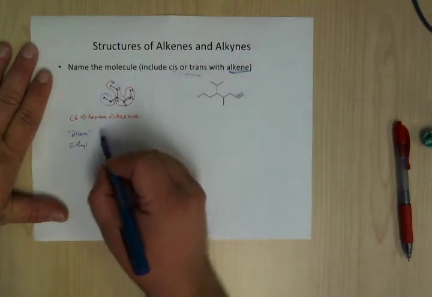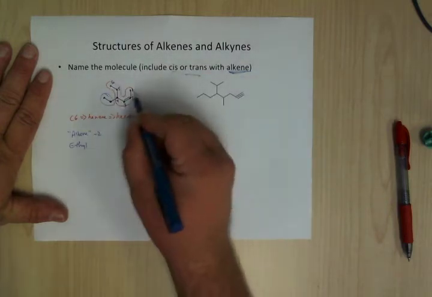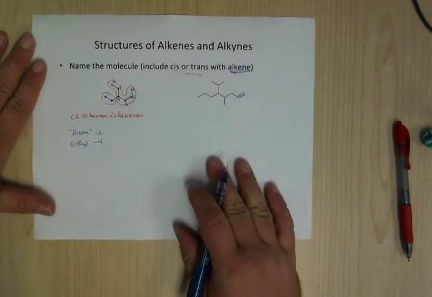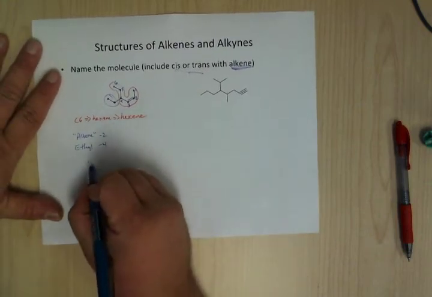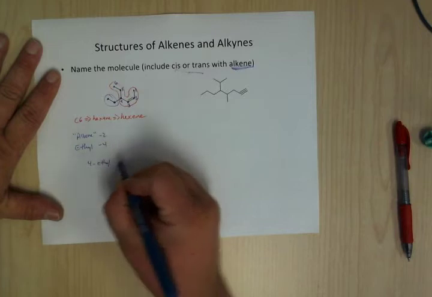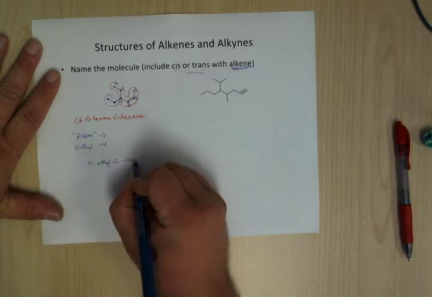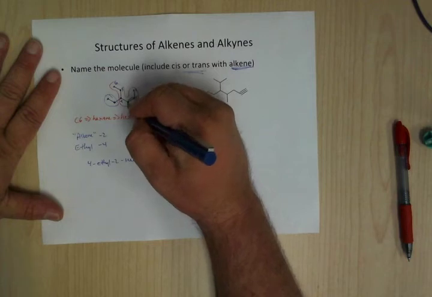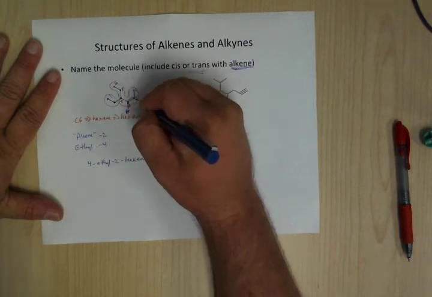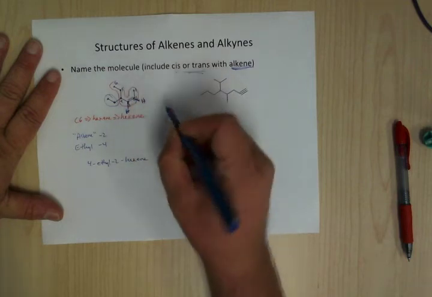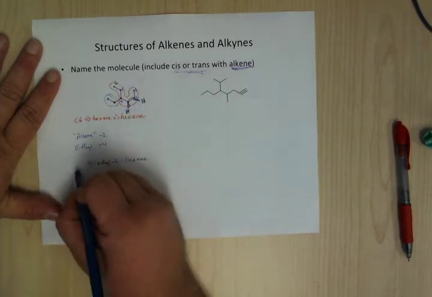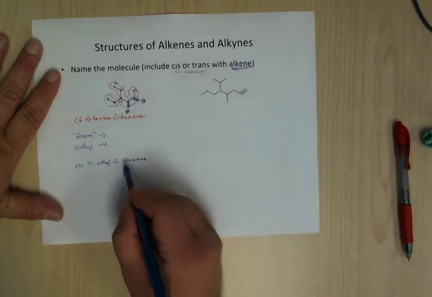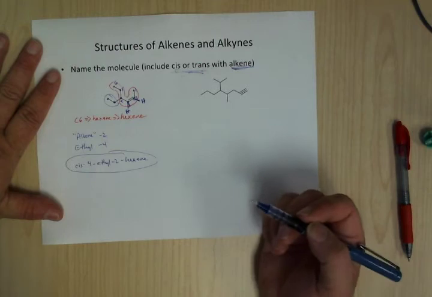With that, the alkene starts at 2, and the ethyl ends up at 4. So it ends up being 4-ethyl-2-hexene. But we have to include the cis and trans here. The way to do this is to look to see where those hydrogens are. Notice how they're both on the same side. That makes this cis. So it ends up being cis-4-ethyl-2-hexene.